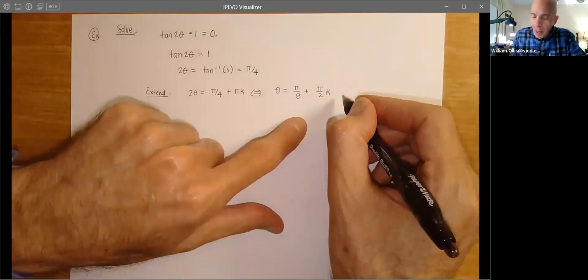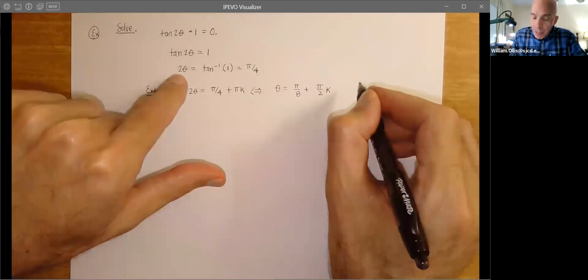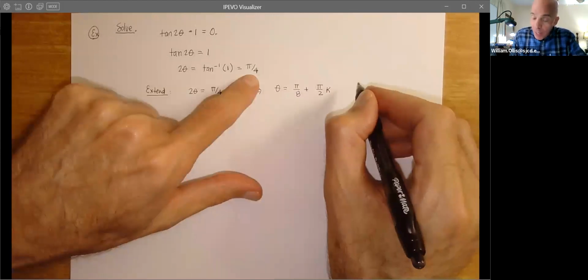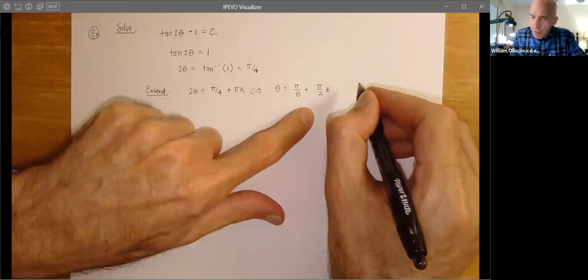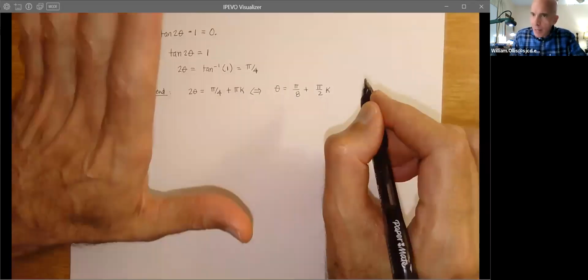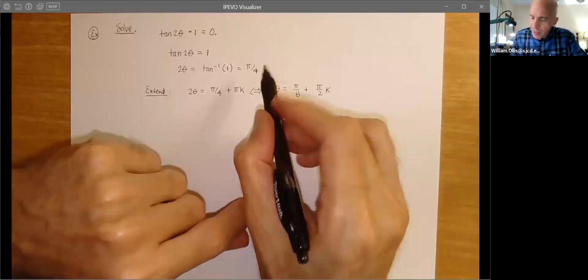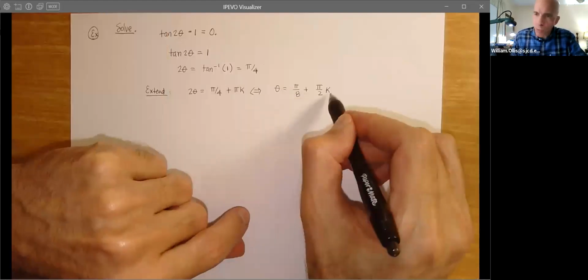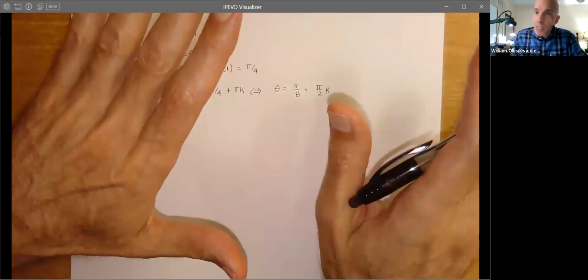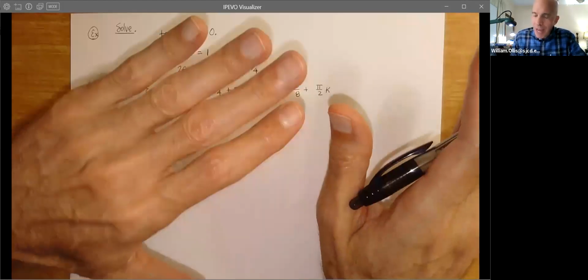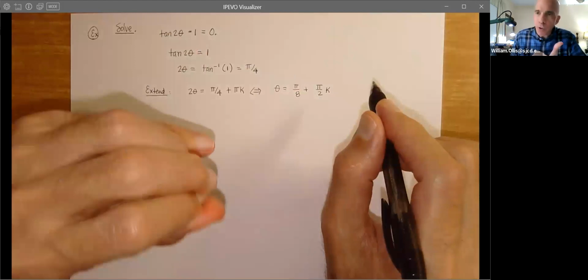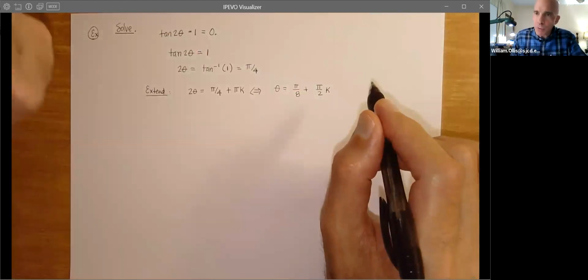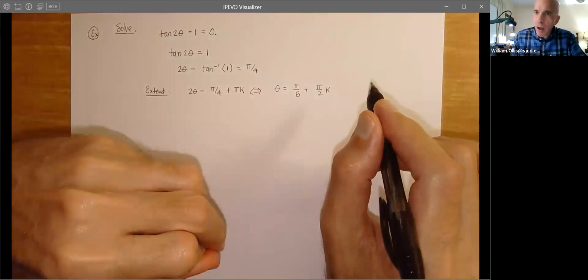You're thinking, I could go ahead and divide here and get pi over 8 and then add multiples of the new period. But students never seem to get that right. They'll divide and then say pi k here, which is wrong. You're leaving out pi over 2 multiples. The pi multiples won't cover all the pi over 2 multiples, especially when they're odd.